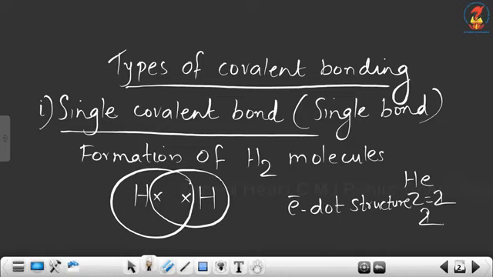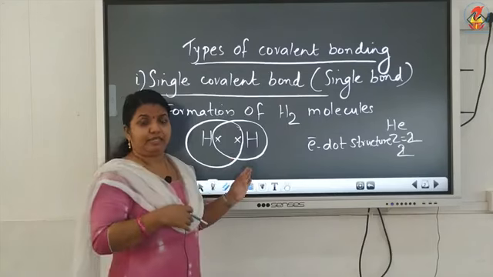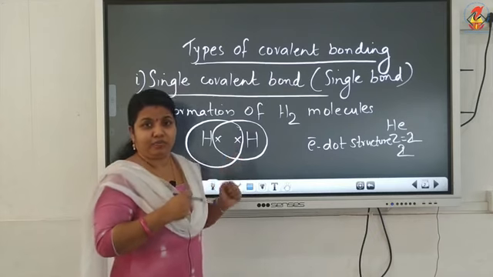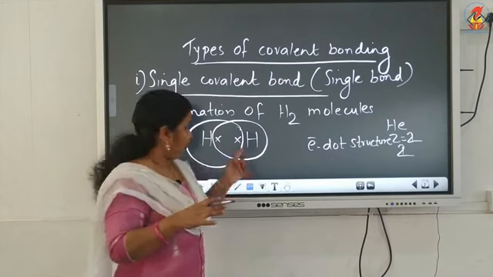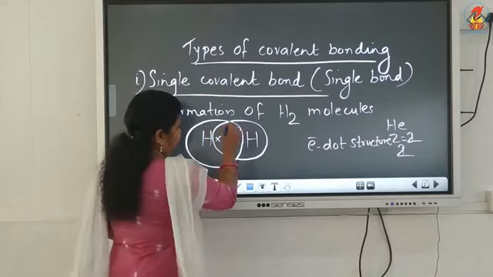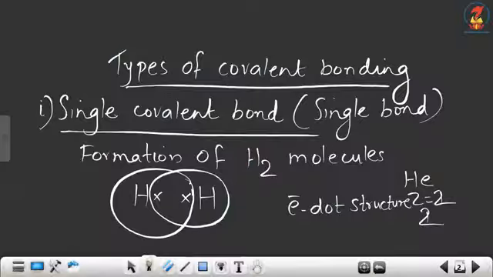Mutually, 1 electron pair is shared between them. Look at the central portion: this electron pair is now common for both hydrogen atoms. They cannot say that it is mine or yours. So it is common for both. Now the first hydrogen atom has 2 electrons, and the second hydrogen atom also has 2 electrons.